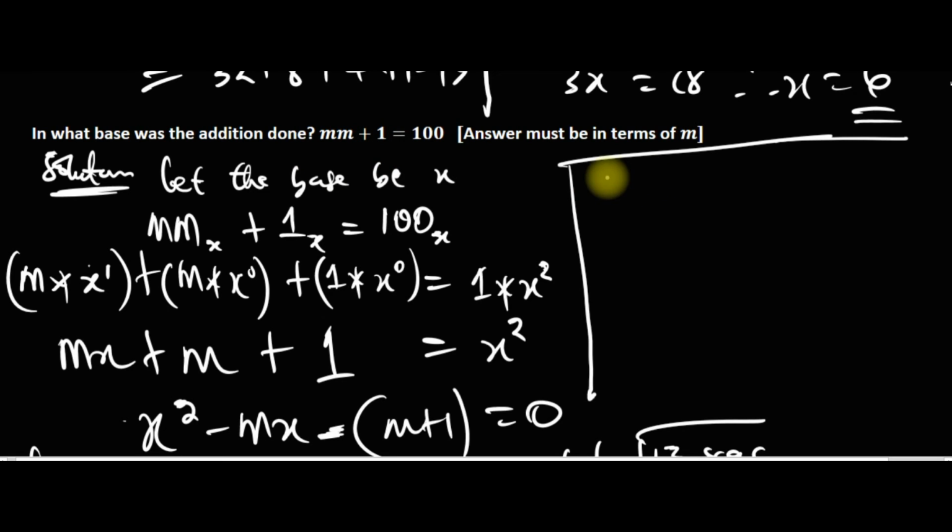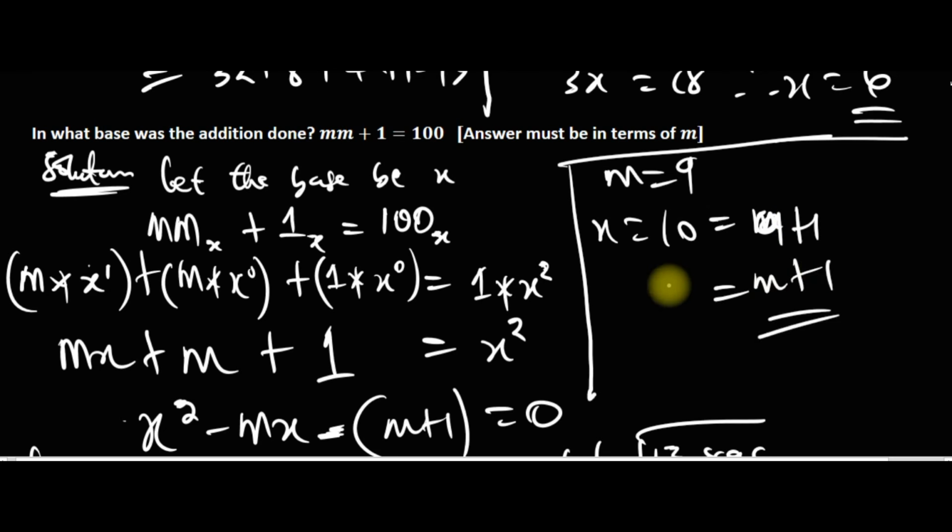So m is 99 plus 1, so our base x is 10, and 10 is 9 plus 1, which is m plus 1. So without wasting time, that's our answer. That's the faster way of solving this, but I followed the first method so that you see it in case you are asked to solve it theoretically.